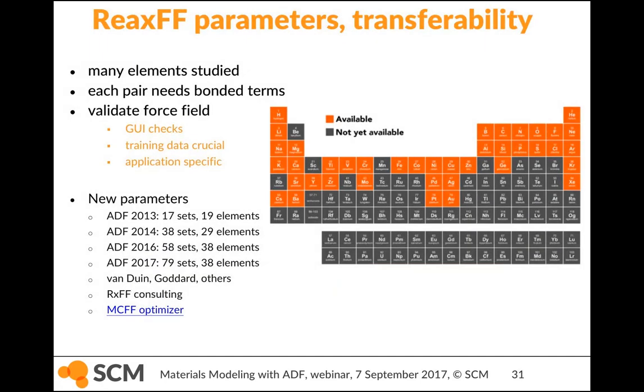So again, that makes it currently one of the, I guess, hurdles to start using ReaxFF more frequently for studying these large systems where you're interested in the dynamics of your system. So what we try to do is help within the ADF modeling suite as best as we can.